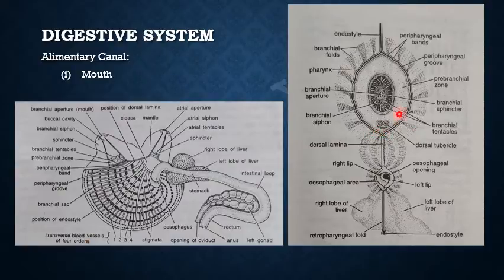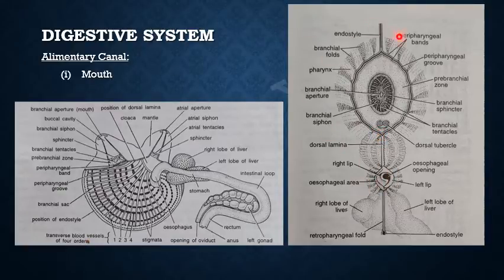This is the prebranchial zone, and if this endostyle is folded on top of this region, it comes to lie under the dorsal lamina. These you can see are the circular peripharyngeal bands.